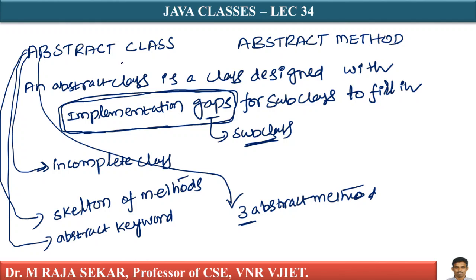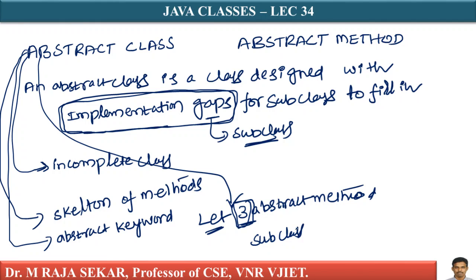Let me say I have 3 abstract methods in my abstract class. It's an assumption. If there is a subclass which is extending my abstract class, it has to implement all 3 abstract methods.